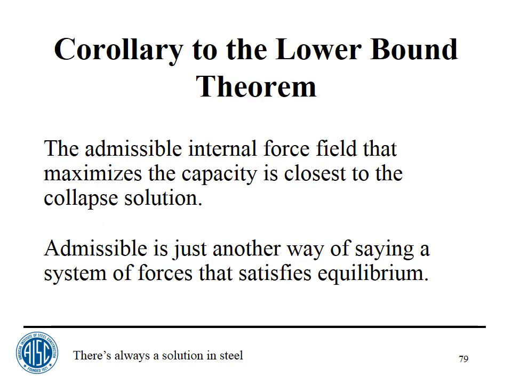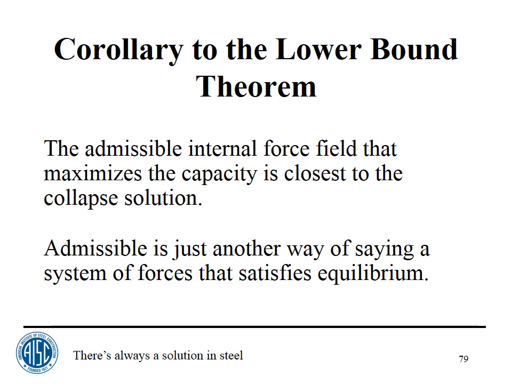There's a corollary to the lower bound theorem that states the admissible internal force field that maximizes the capacity of the connection of your structure is closest to the collapse solution. Admissible is used here just as another way of saying a system of forces that satisfies equilibrium.